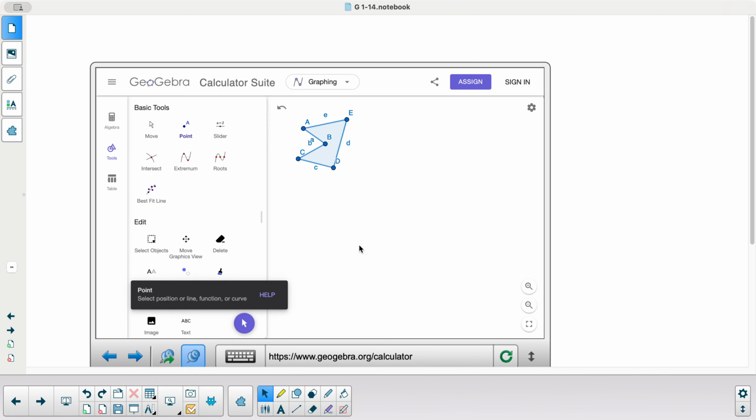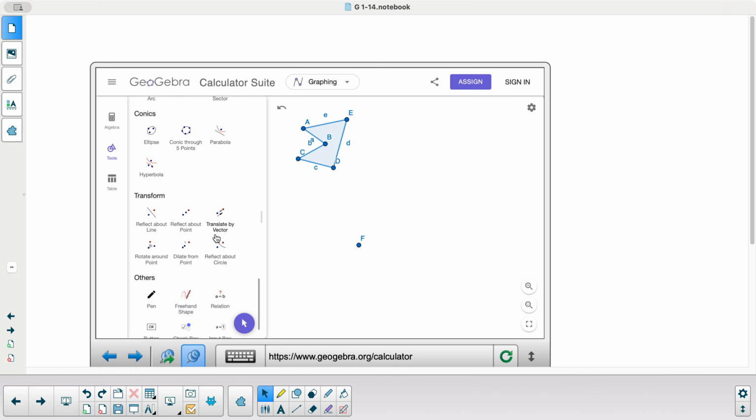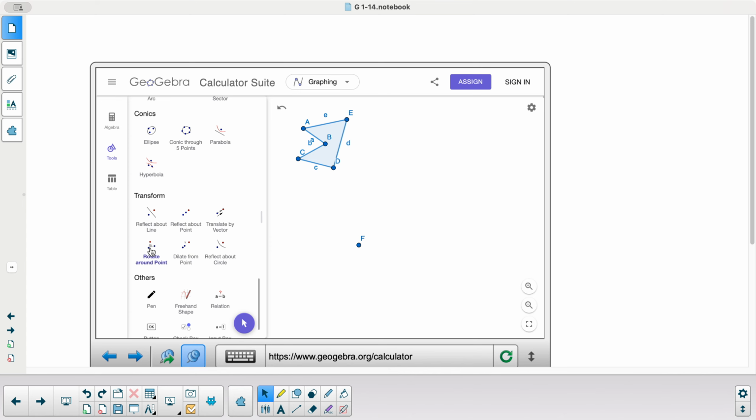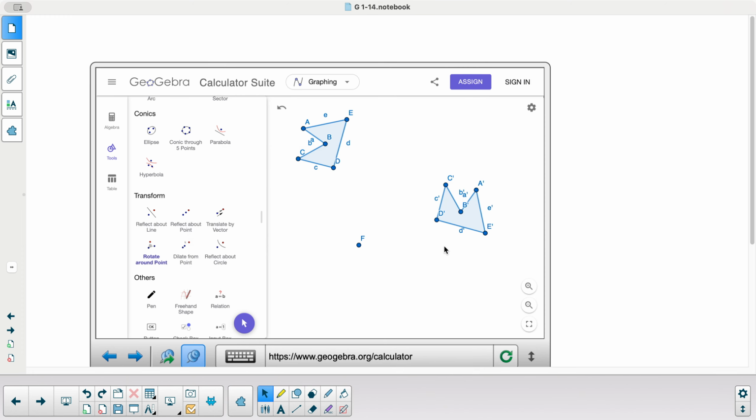Hang on, let me get it again. There we go. So let's rotate it 90 degrees clockwise. I'm going to go down to rotate around point, and I have to select the object and my point of rotation. So I'm going to go 90 degrees, and I'm going to go clockwise. And there it is.